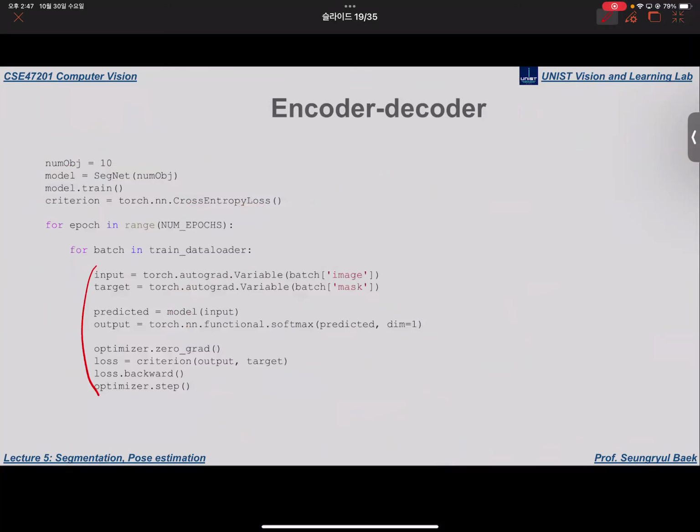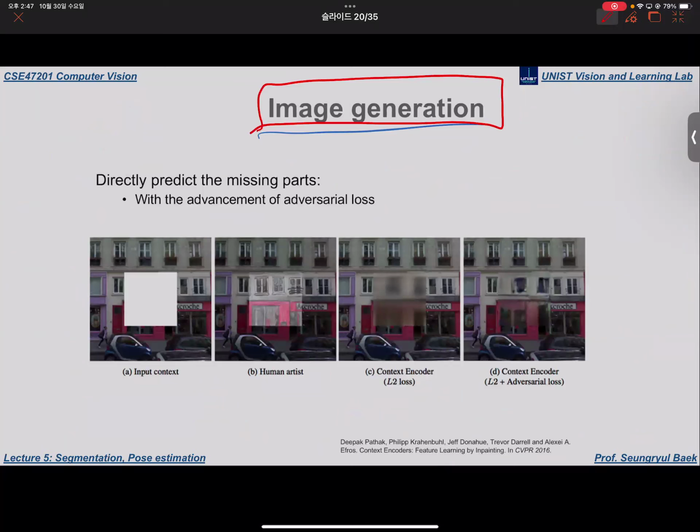So the same architecture can be used for this kind of application. If you are further interested in this method, you can search for this paper published in CVPR in 2016. They actually have some Python code, so you can try that.